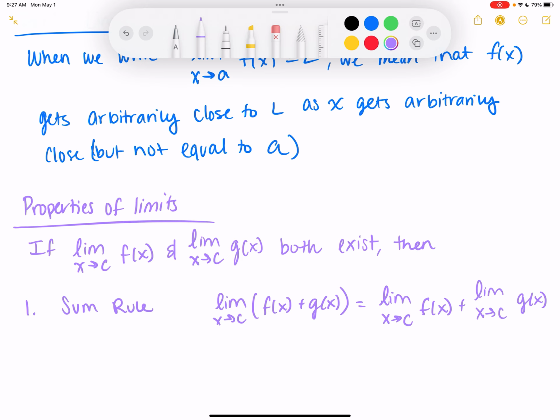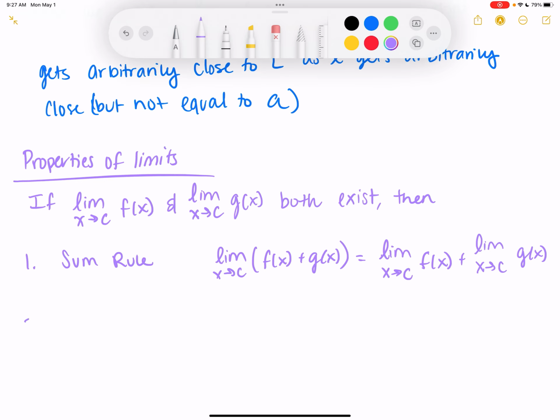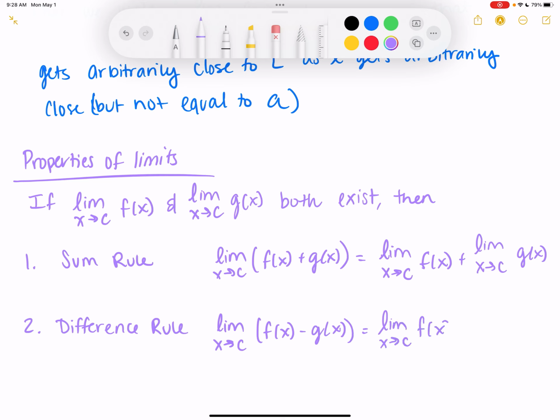And vice versa, obviously. The difference rule is going to work the exact same way. So the limit as x approaches c of f of x minus g of x is equal to the limit as x approaches c of f of x minus the limit as x approaches c of g of x.